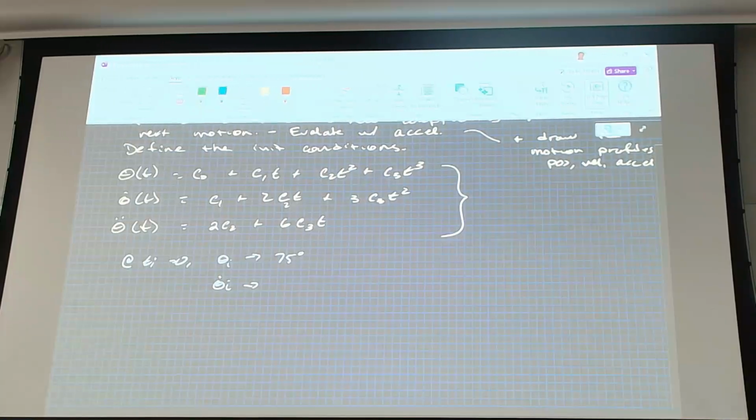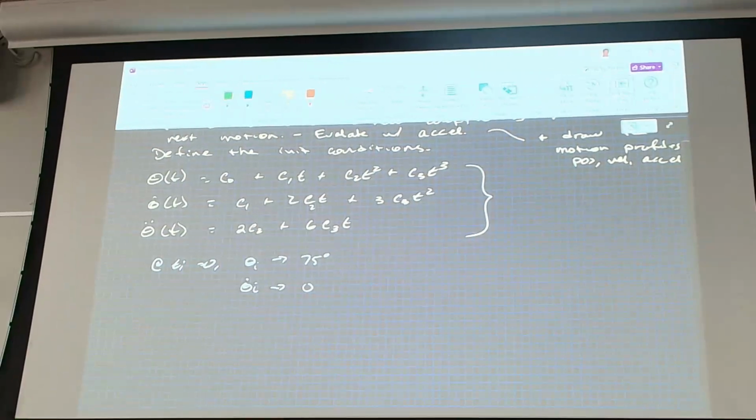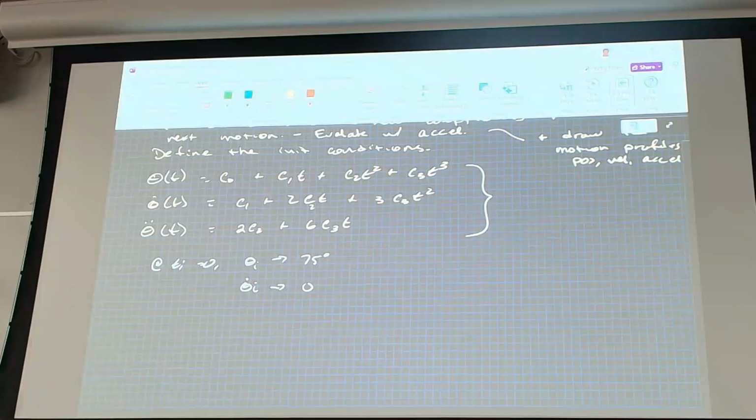We stopped, we started, we accelerated to the velocity, and then we came down, right? We ended at a 0 velocity. So that means our initial velocity is going to be 0 for that next phase. Our theta final is going to be 105 degrees, and our theta dot final is also going to be 0 degrees per second.